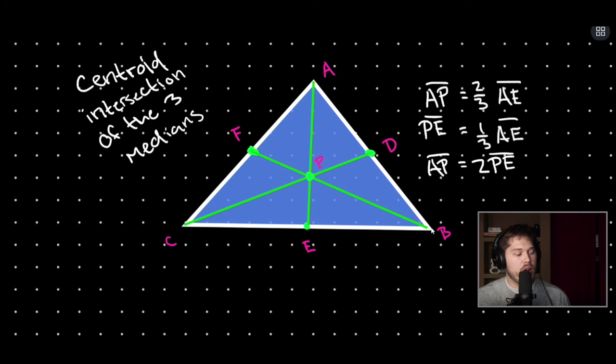We're going from our vertex to the bisecting point of the side across from it. Our centroid also had these characteristics with the lengths of the lines: the longer part is 2/3 the total length, and the shorter part will be 1/3 the total length. Again, if the shorter length is x, then the longer length would be 2x.